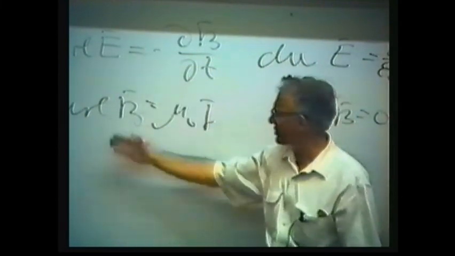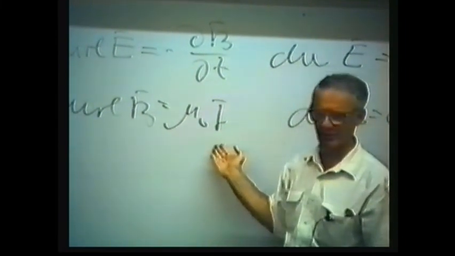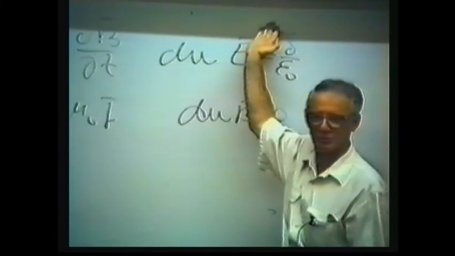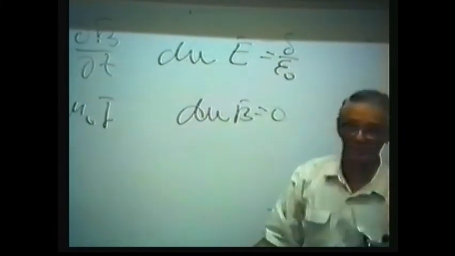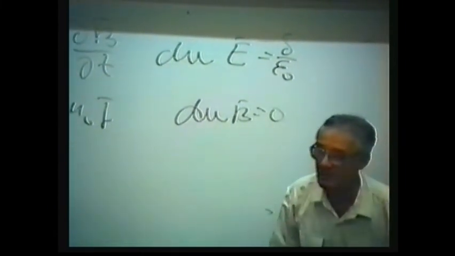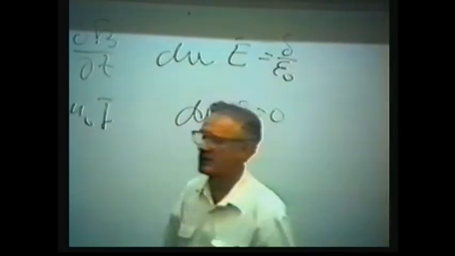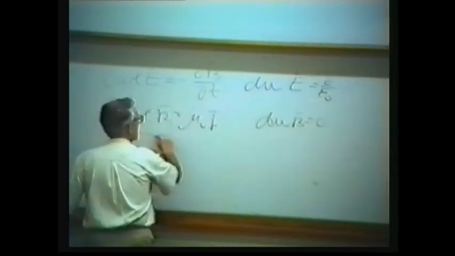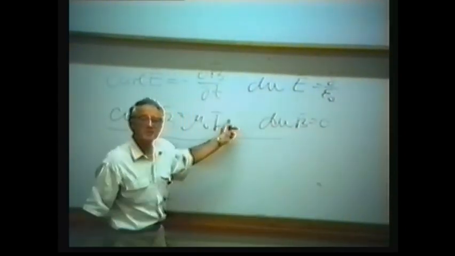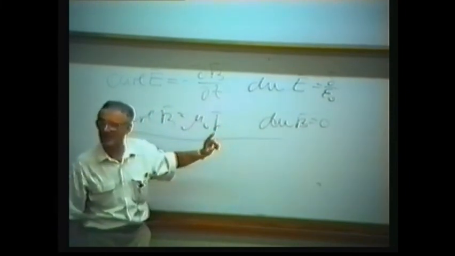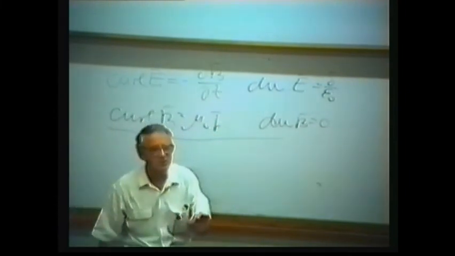So, what is written here? Faraday's law. What is written here? Biot-Savart law. What is written here? Coulomb's law. What is written here? No magnetic charges. That's all. Simple, simple. Now, we improved our system of equations of the electromagnetic field. Let me open your secret.